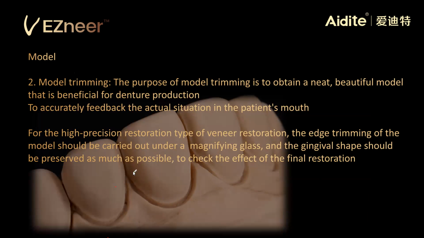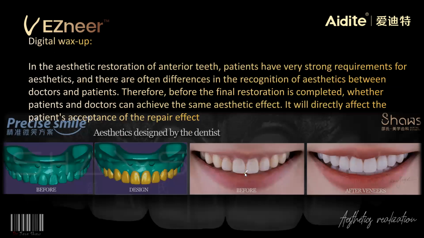We just need to trim a little bit at the gingival part, and we need to get the margin lines, and also we want to keep more gingival part, and check whether the result of the restorations is beautiful, whether the middle line is good, or some other things we need to check.